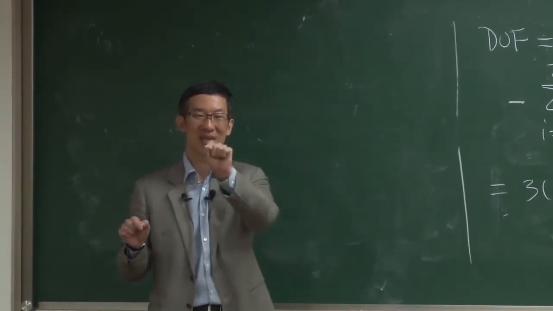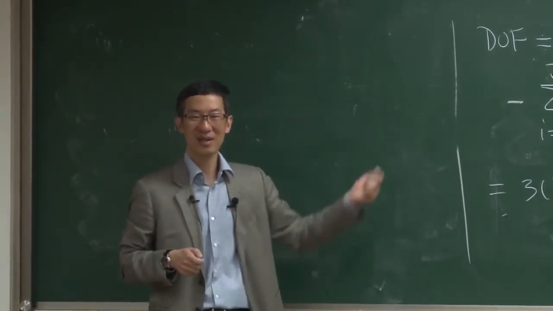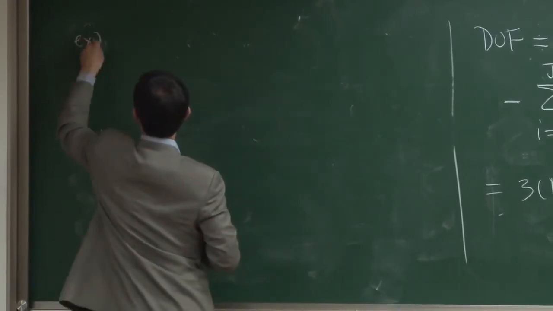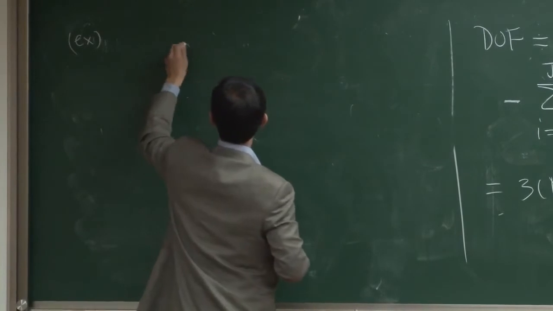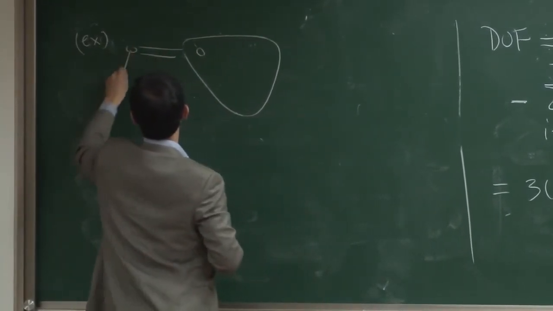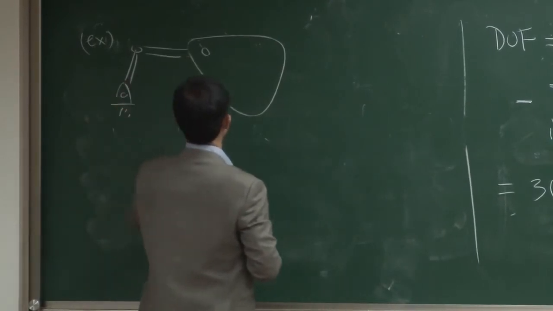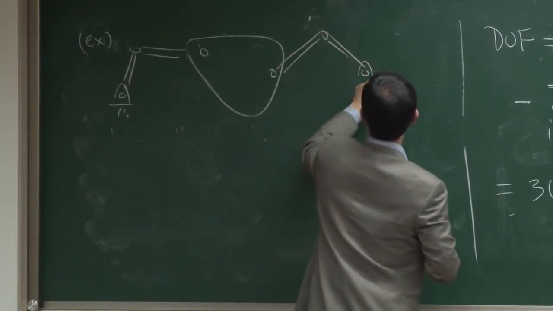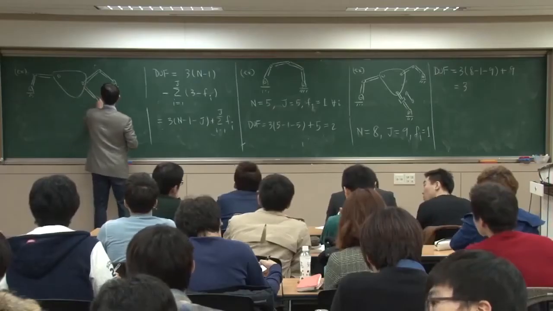Count the joints, count the links, plug it in, and you're done. All right, I don't want you to get bored, so somebody help me out with this one then.